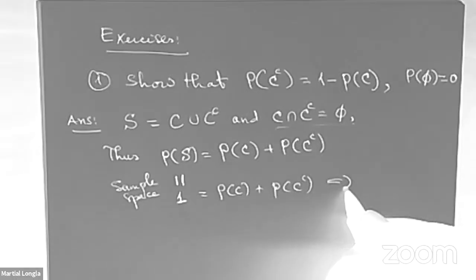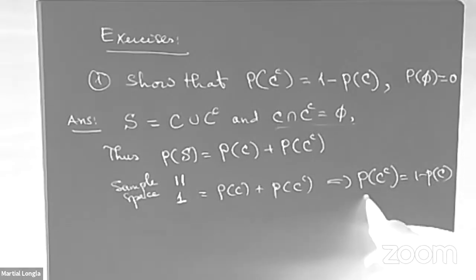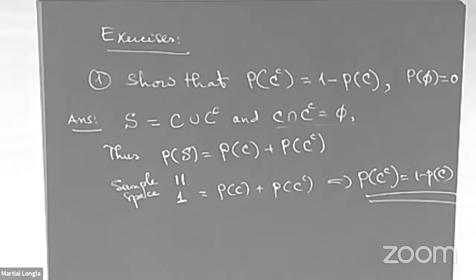And this leads to the probability of the complement of the set being 1 minus the probability of the set. That's it. So here we're just trying to use the rules, the properties that we just defined here.